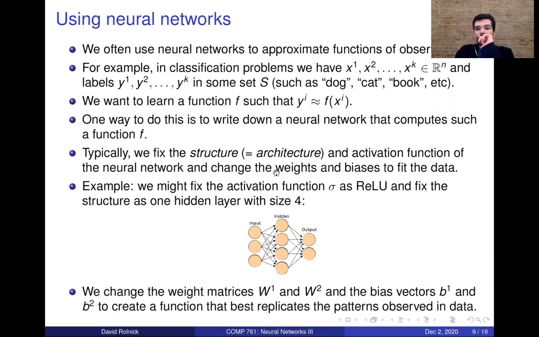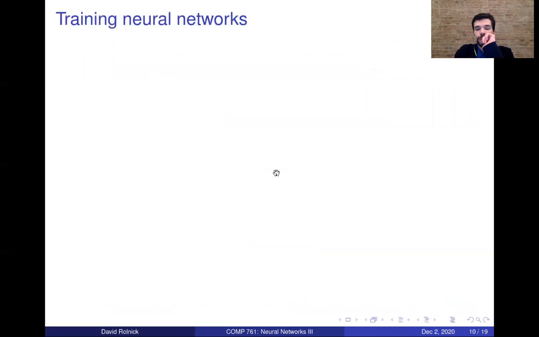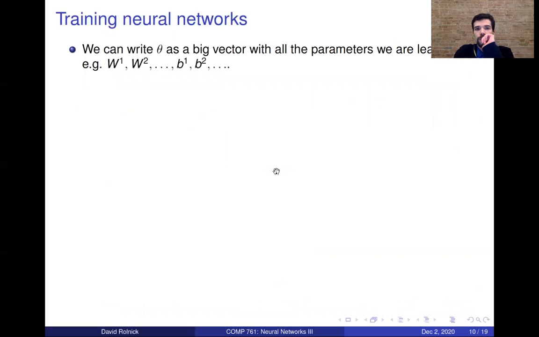Now, how do we do that? We can think of there being some big vector where we've just thrown all the parameters we are learning. We have these W matrices, these weight matrices, and we have these bias vectors B. Let's turn all of them into a giant vector. You can turn a matrix into a vector just by vectorizing it, putting all of the entries in a row.